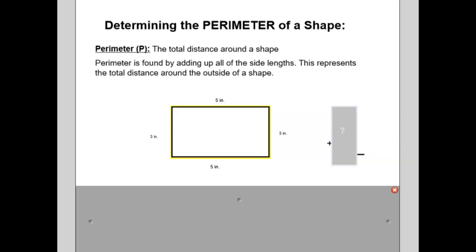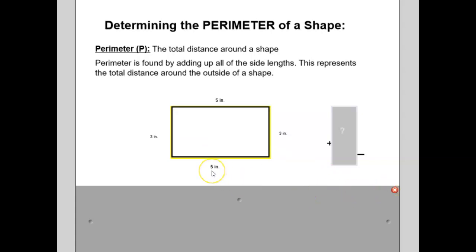Fantastic. I want you to imagine perimeter as me taking a string and lining it up along the outside edges of the entire shape. So pretend that this yellow line is a string. The perimeter would be the total length of the entire string that fit around the outside edges of this rectangle.